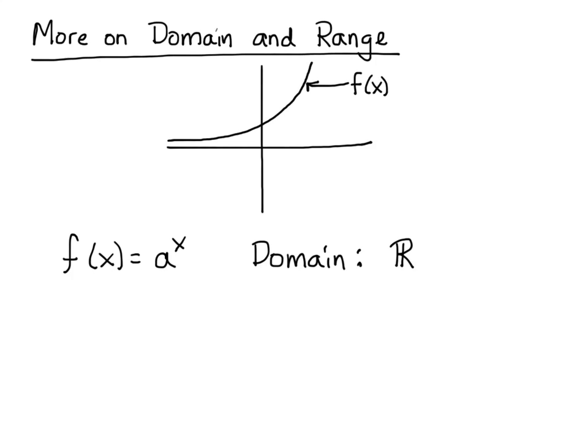The domain is all real numbers. You can put in any real number as an exponent, and you get something. And what you get is always a positive number. So f of x is always more than 0. If you take 10 to the minus 100th, you end up with a very small number, but it's still positive and still non-zero.